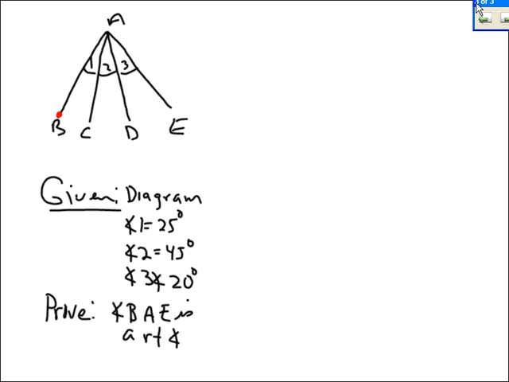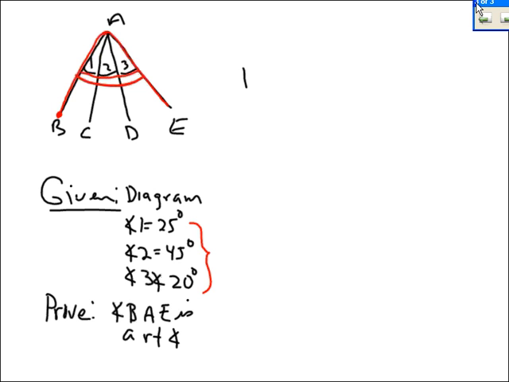You start at B, you go to A, and then you go to E. It's that big angle. The sum of the parts make up the whole. Angle 1 plus angle 2 plus angle 3, that's the whole angle. When you add those three numbers, they will add up to 90 degrees.